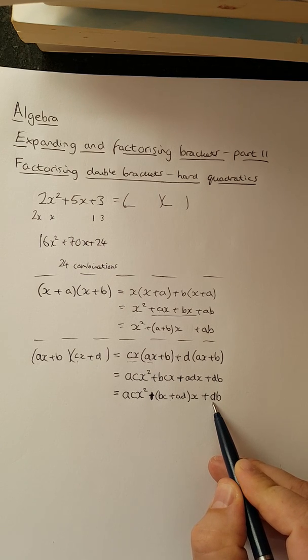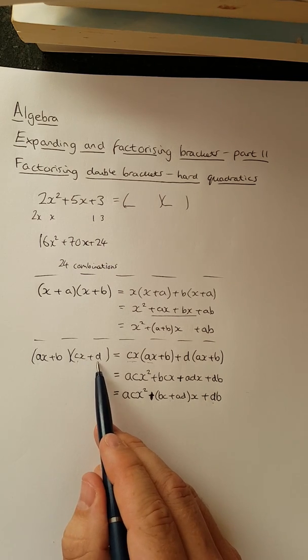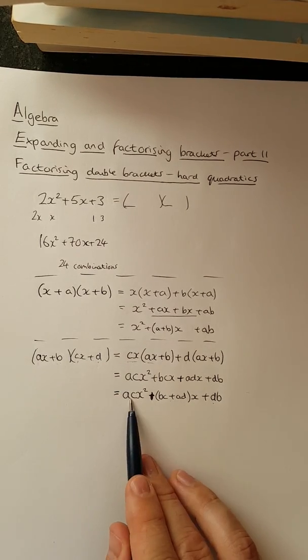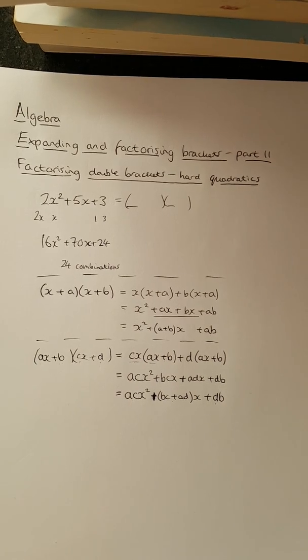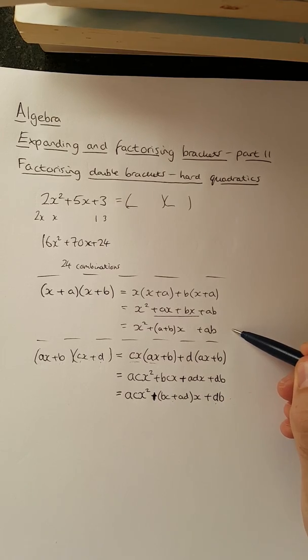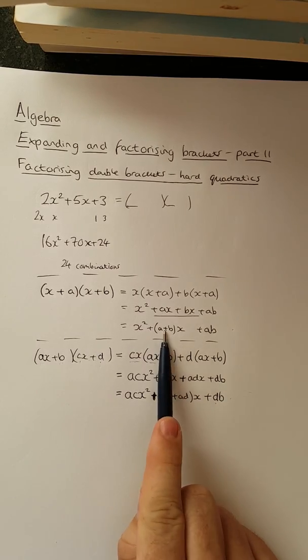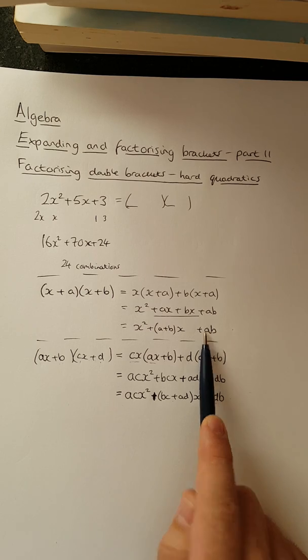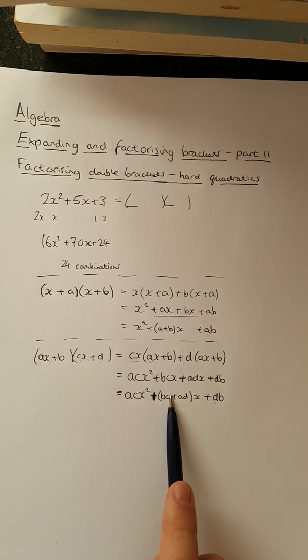This number is this pair multiplied. And this number is this pair multiplied. Let's take a look at this and compare it to this. So this one is a pair of things added. And then it's the last one. This one is a pair of things added.